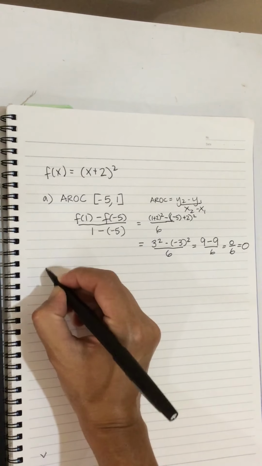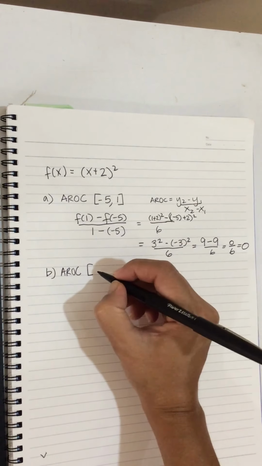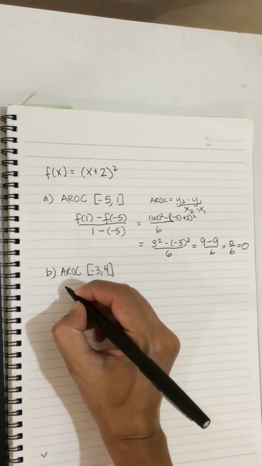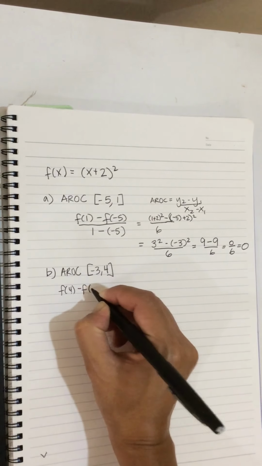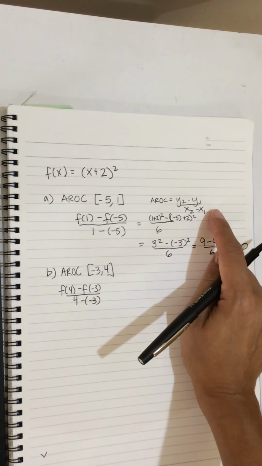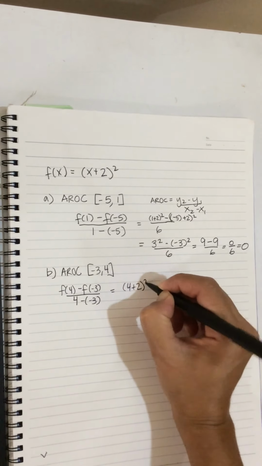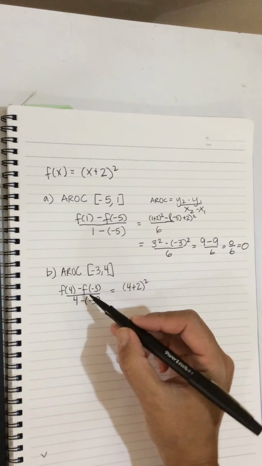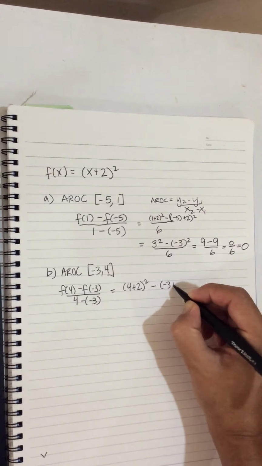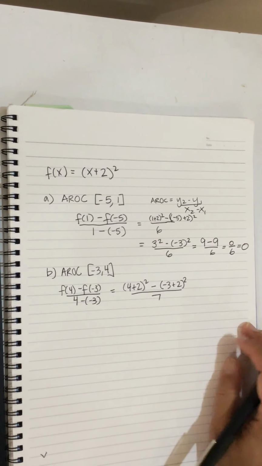Okay, so that's A. B said to do the same thing, but now your interval is -3 to 4. So you're just applying the same thing, new numbers. We're going to do f of 4 minus f of -3 all over 4 minus -3, just using y2 minus y1 over x2 minus x1. f of 4 is going to be 4 plus 2 squared, minus, now I'm going to do the same thing, plug in -3 plus 2 squared, all over 4 minus -3, which becomes positive 7.